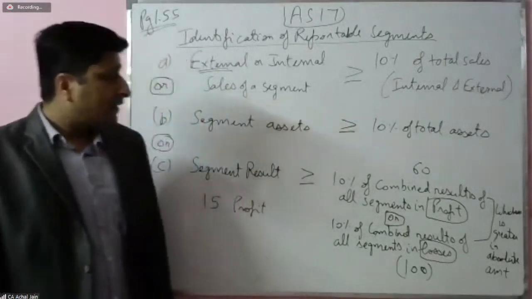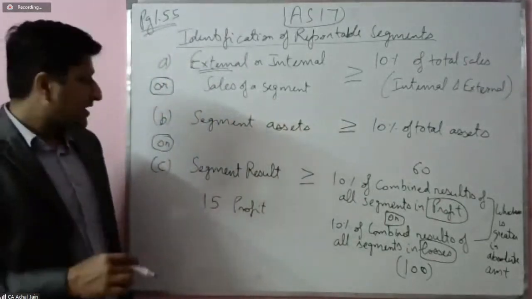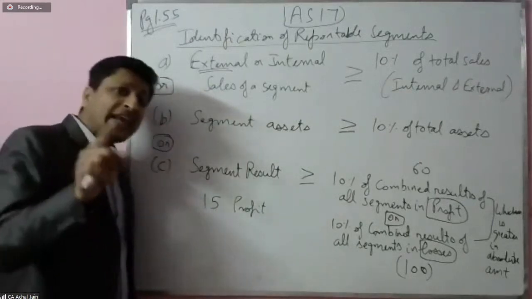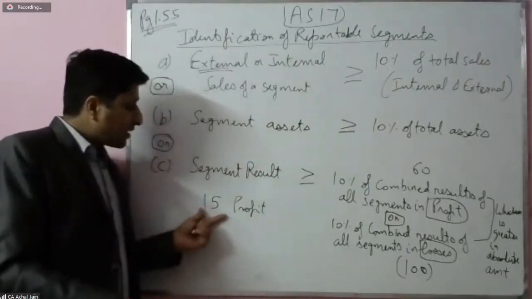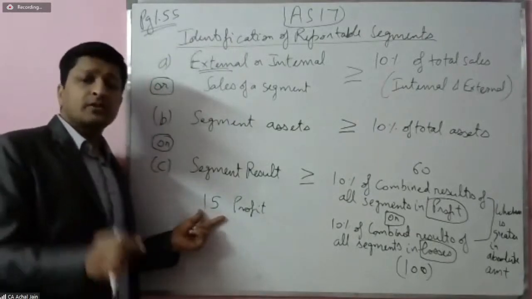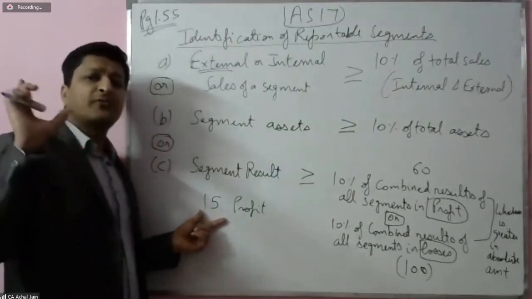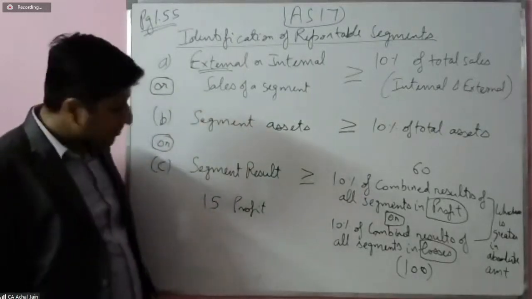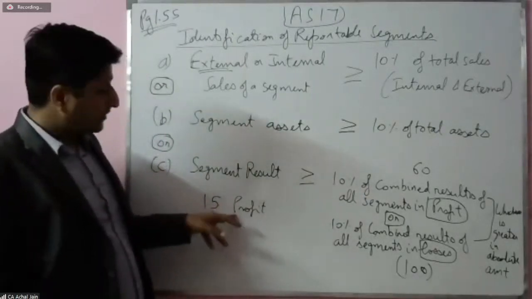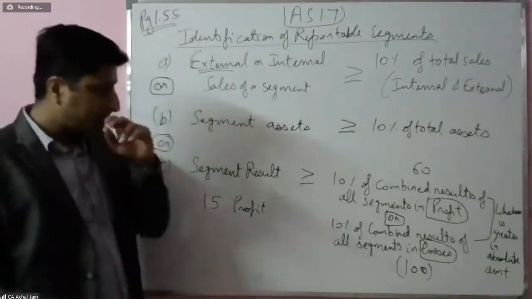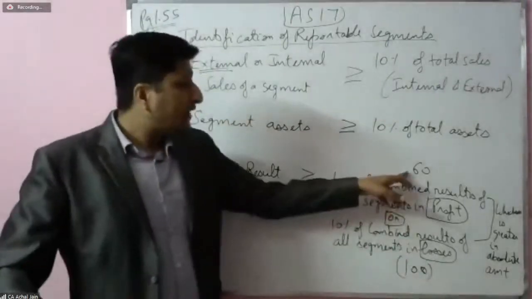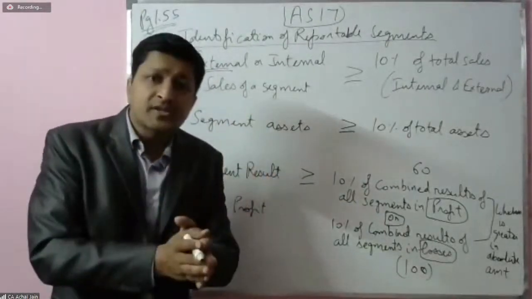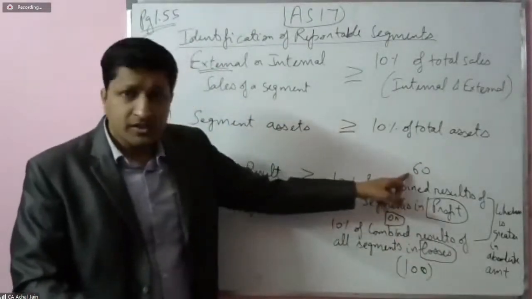Now, in this case, the standard says you will pick up the profit or loss in absolute amount. So if this amount were a loss, you would pick it up as an absolute figure, so it becomes 15. Currently it's profit, so it's 15 anyway. You will club the segments which have profits, we got 60.